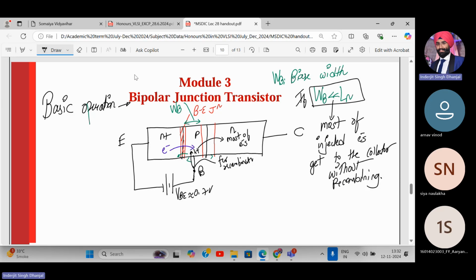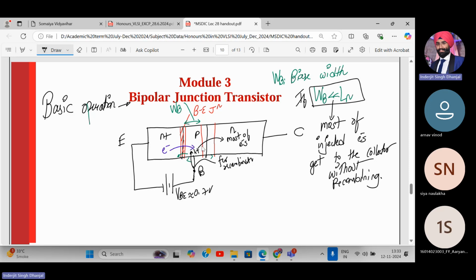A few of them do recombine. The holes necessary for this are supplied as the base current. Whichever holes are recombining, they constitute the base current. Are you understanding? So the holes which do recombine will contribute to IB, the base current.